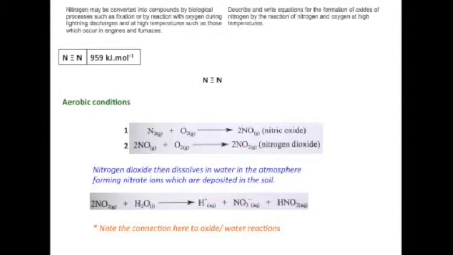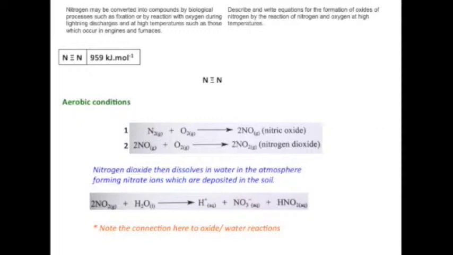Nitrogen dioxide is water soluble, so it's able to dissolve in the water in the atmosphere, so the rain clouds, and this then forms the nitrate ions. So you can see the 3 equations here of how nitrogen gas can be converted into a water soluble compound.